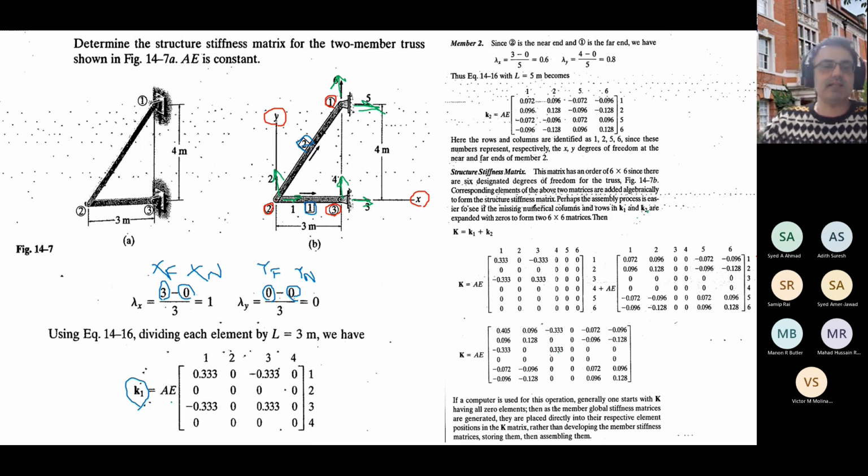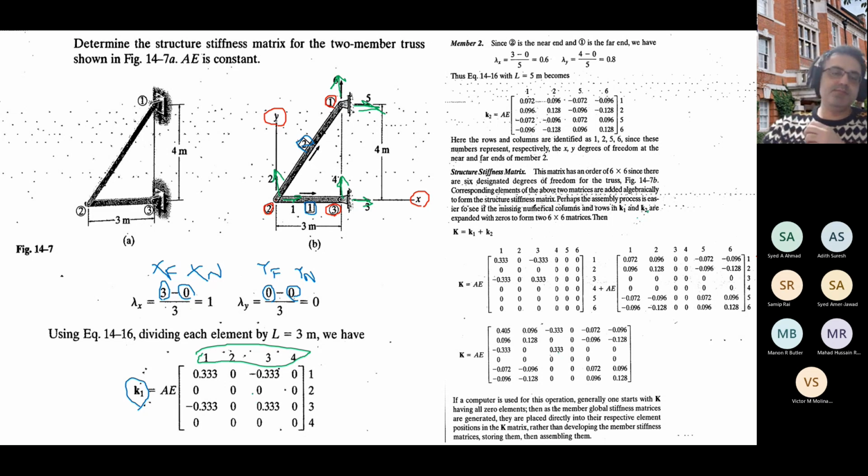So K1 is assembled by knowing lambda x and lambda y and A, E, and L. But before proceeding to element number 2, we need to write this notation as a hint for ourselves. They are not numbers inside the matrix. They are just hints for myself to better understand what kind of matrix this is.